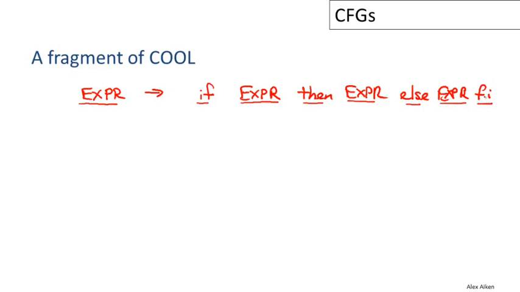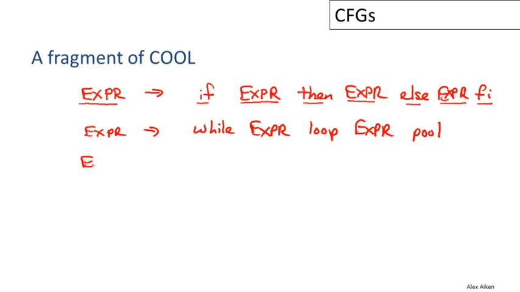All right, and another possibility is that it could be a while expression. And finally, a last possibility is that it could be an identifier ID. And there are actually many, many more possibilities.